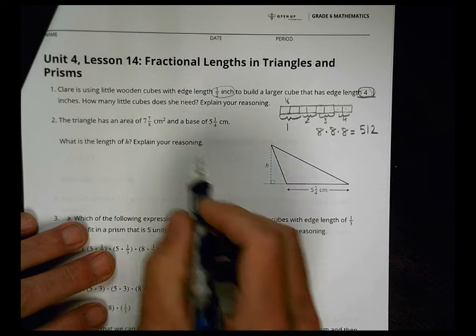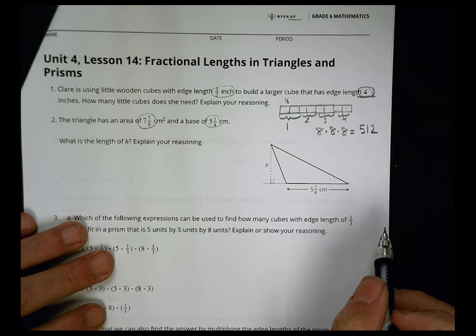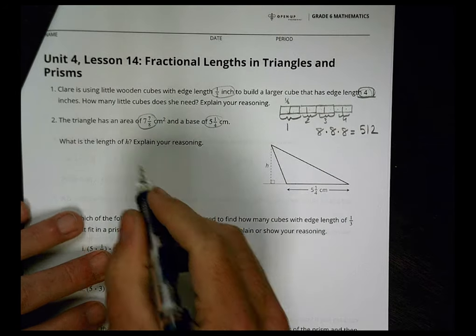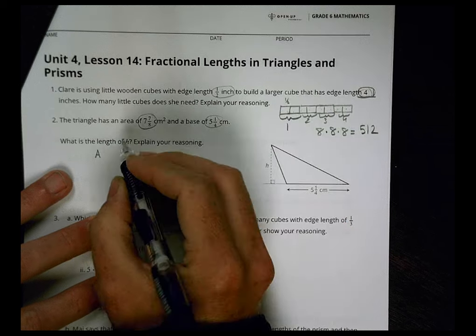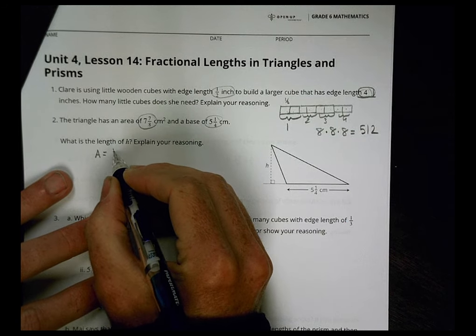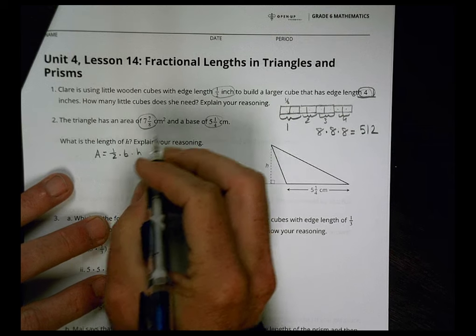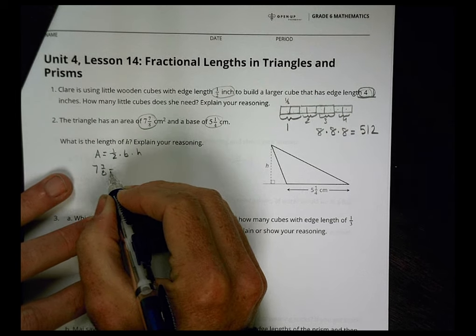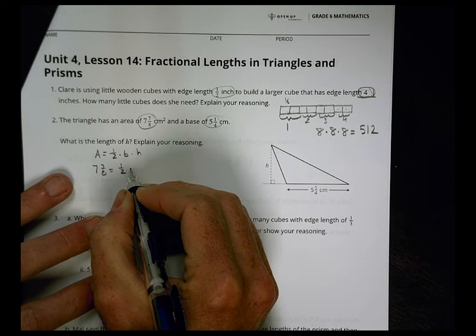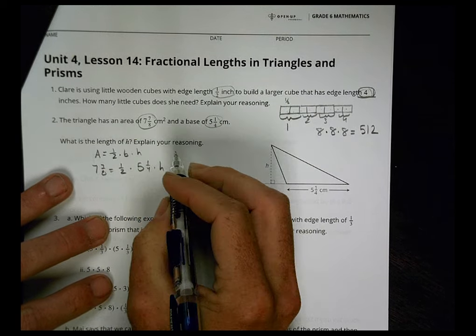The triangle has an area of 7 7/8 and a base of 5 1/4. What's the height? Okay, so we think about this as before, kind of a review of number 1. Area equals 1/2 times the base times the height. The area is given as 7 7/8 equals 1/2 times 5 1/4 times the height that I don't know.